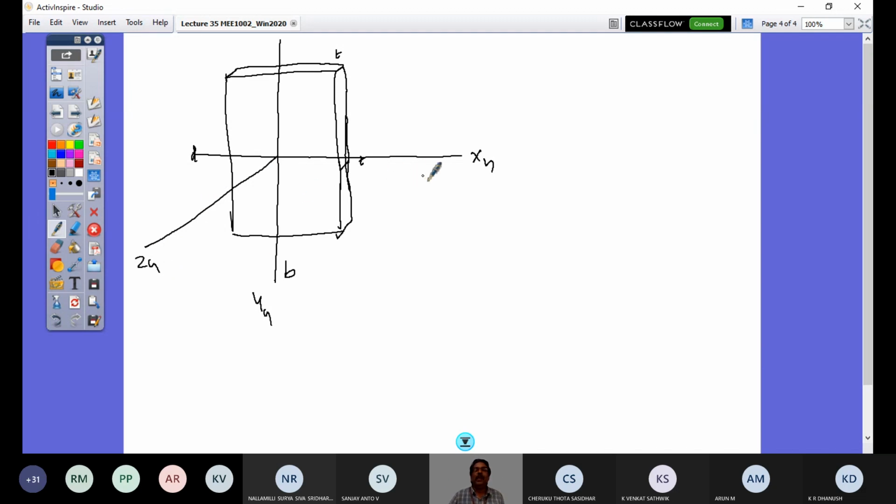So let us first find out Ixg. To get that, let me consider an elemental volume, because it's a mass.